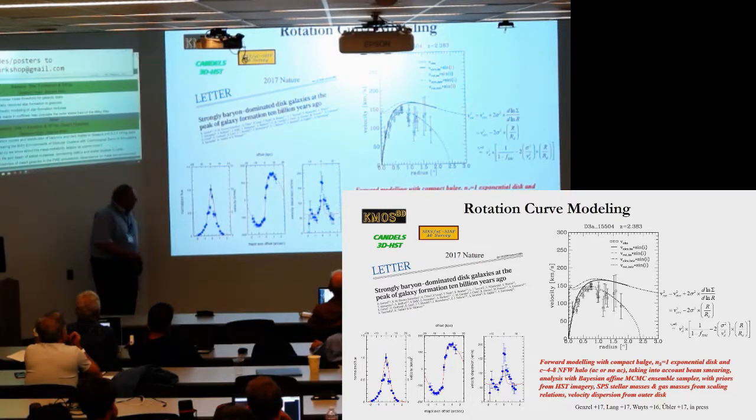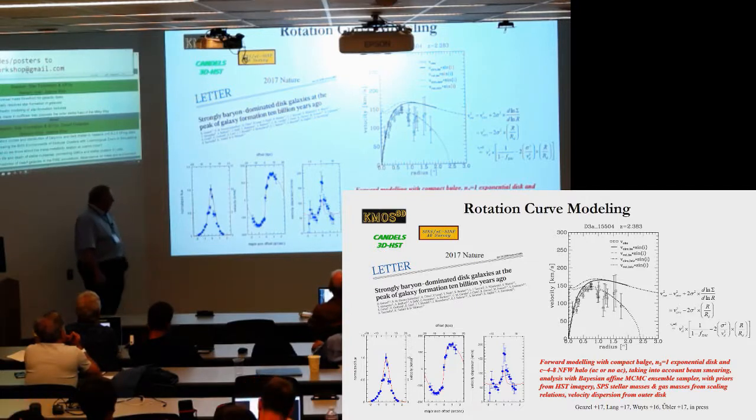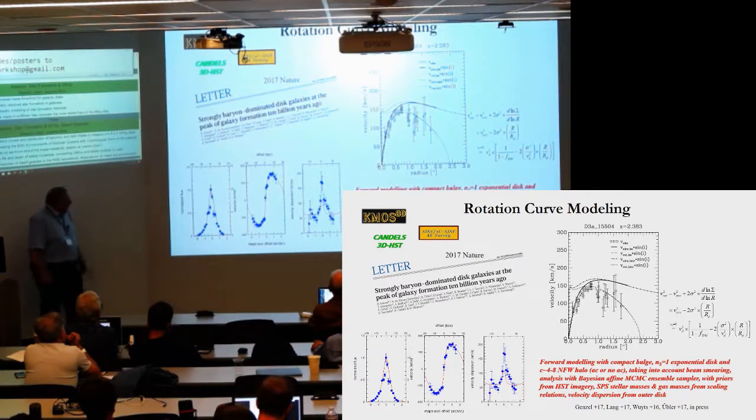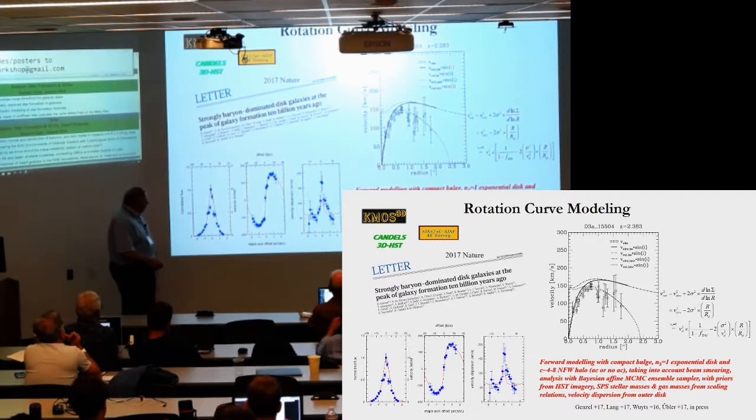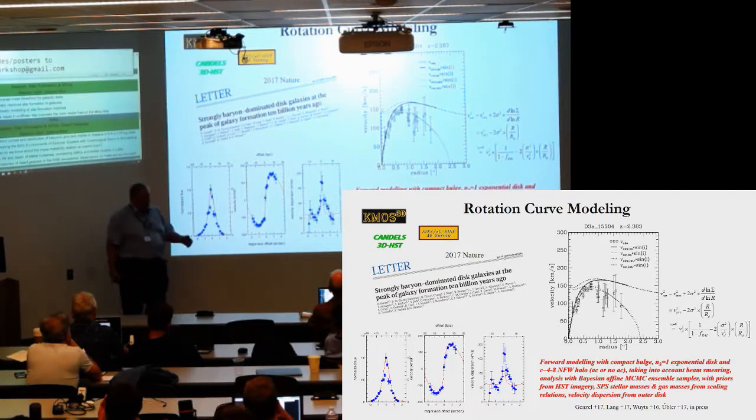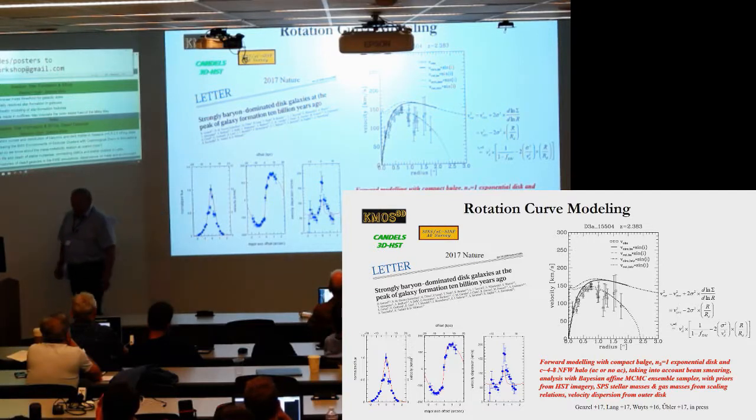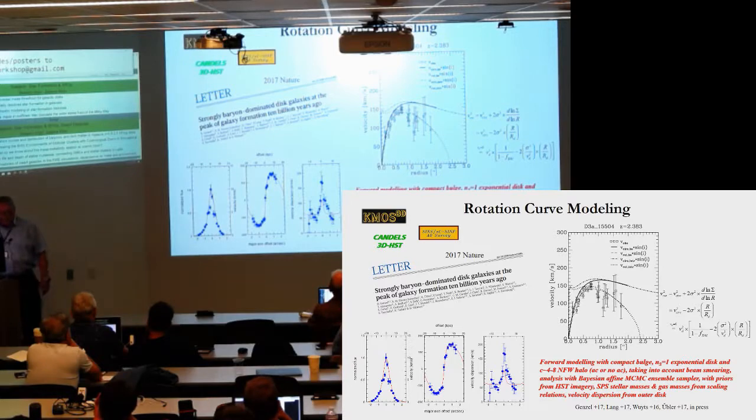In this forward modeling, you take into account the beam smearing, and then you use Bayesian techniques to sample the plane with priors set on the size from HST imagery, and of course the stellar masses and gas masses, either from direct observations of CO, if you have that, or from scaling relations. And then the velocity dispersion comes from measurements in the outer disk.